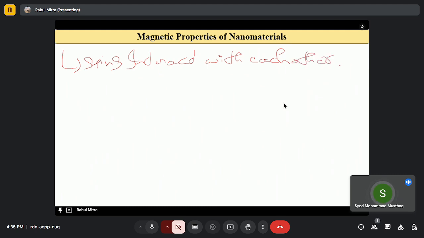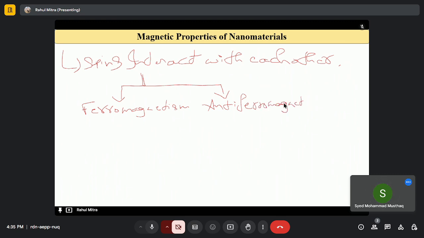Three types of phenomena are seen in materials. One is ferromagnetism, another is antiferromagnetism, and another is ferrimagnetism.